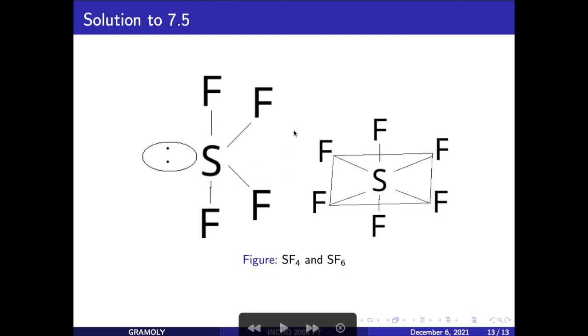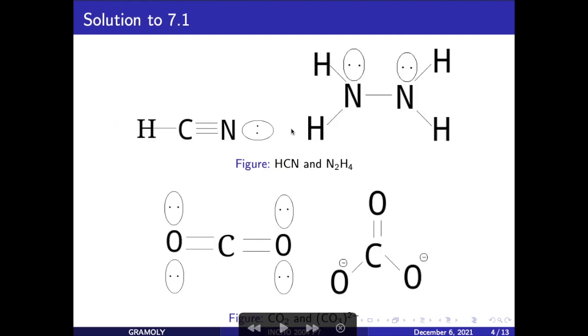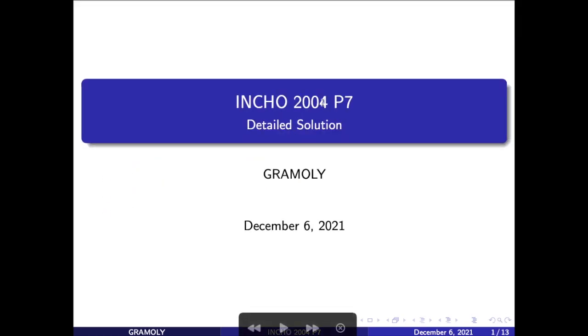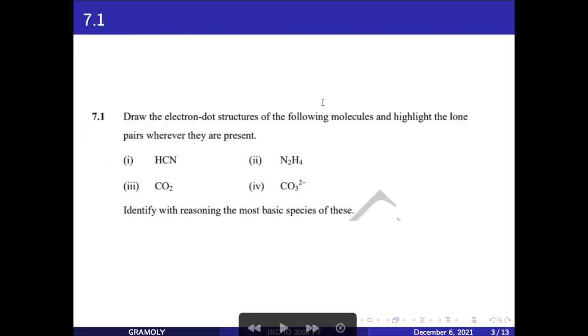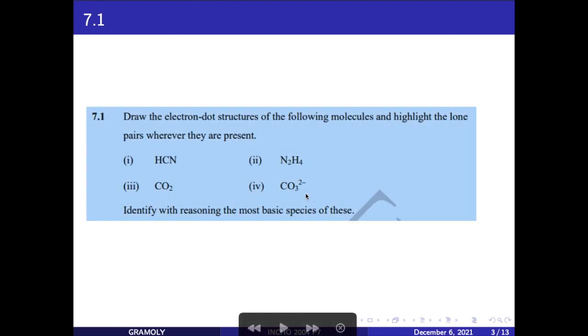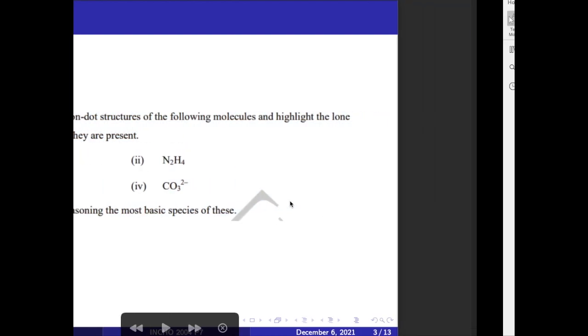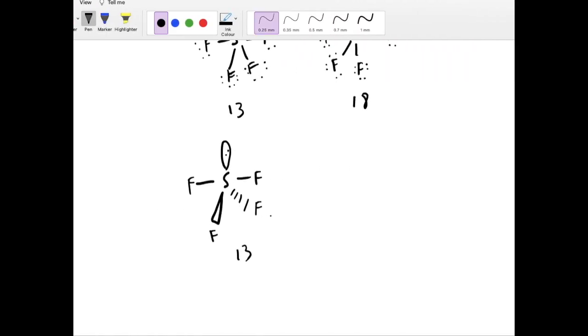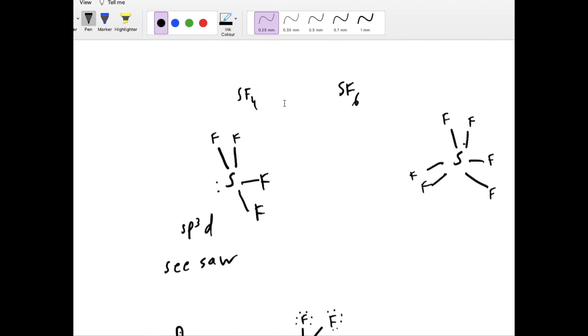So this was problem 7 of INCHO, and in this question I do feel like I didn't discuss the CO3 2 negative case properly. I'll just add on to it.